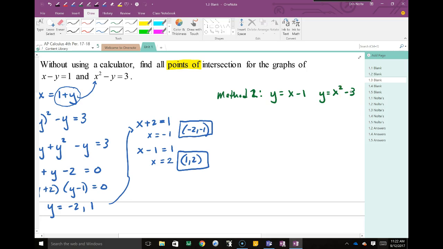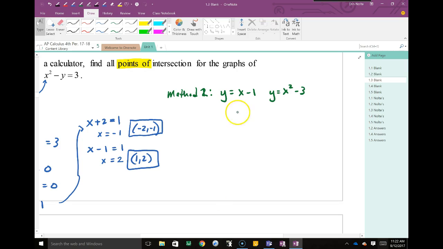Okay, so then all I have to do is set the two equations equal to each other. So I would have x minus 1 equaling x squared minus 3. So I'm solving a quadratic equation. What do I have to do? Move it to one side. So I'm going to subtract the x, add the 1. I would have x squared minus x.